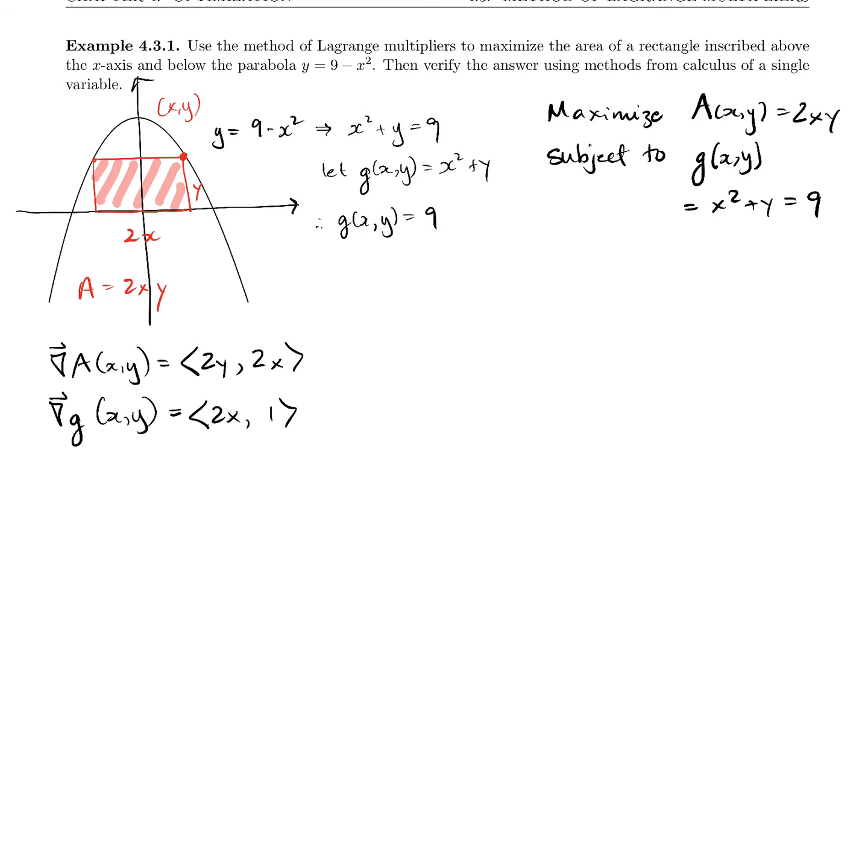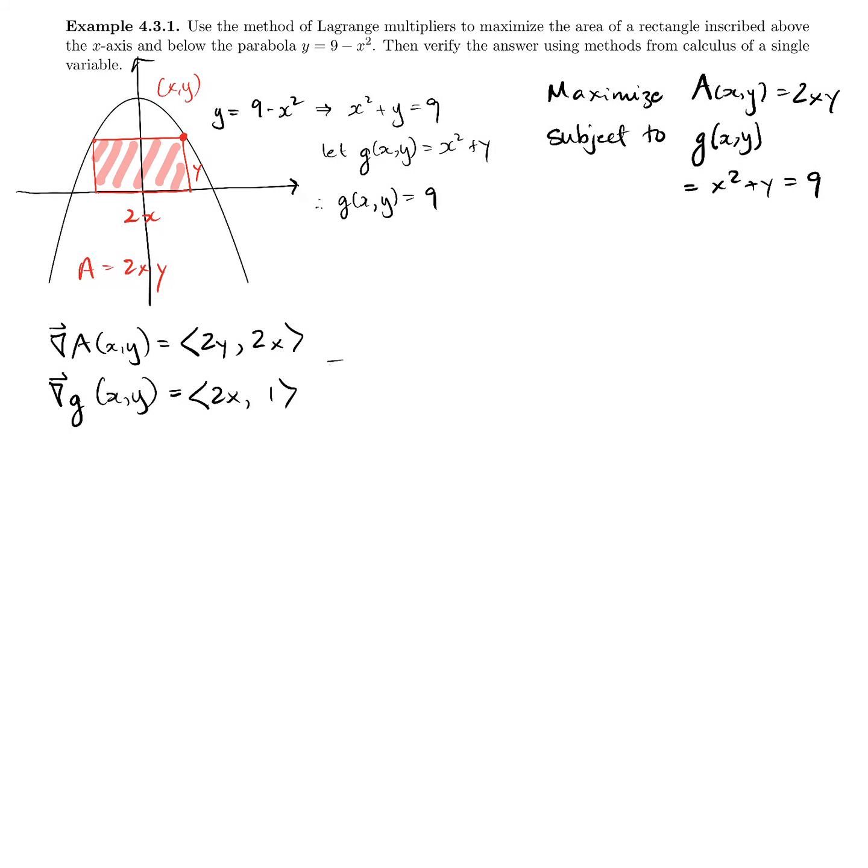And so our system of equations becomes 2y is lambda times 2x. 2x is lambda times 1. The x component must be lambda times the x component, and the y component must be lambda times the y component, with the constraint that x squared plus y is equal to 9.